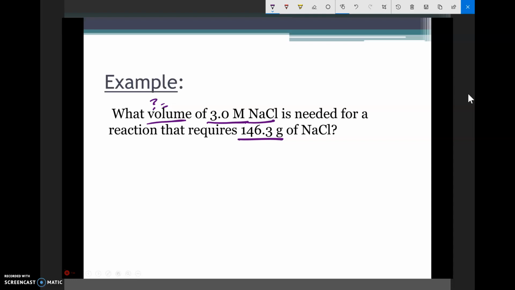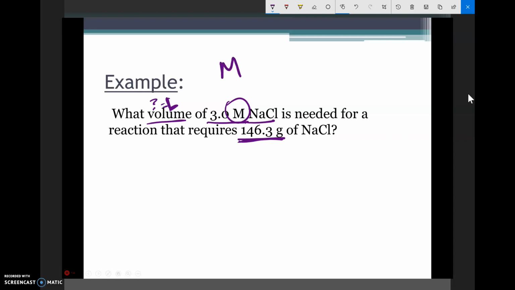And we know that this is dealing with molarity because this is the only equation that we have in this chapter that has a capital M for molarity. So we know that this is going to be liters unless the question asks us to solve for a different unit of volume. Okay, so we've got liters. We know that we need liters. We have molarity, and then we have 146.3 grams of NaCl.